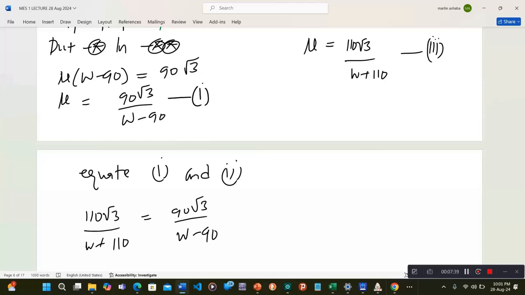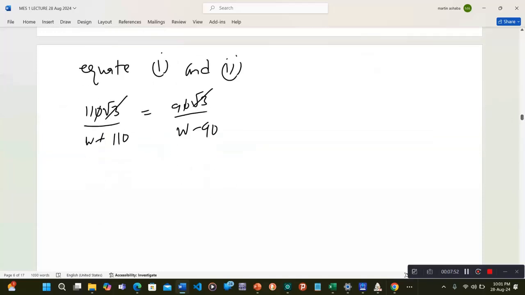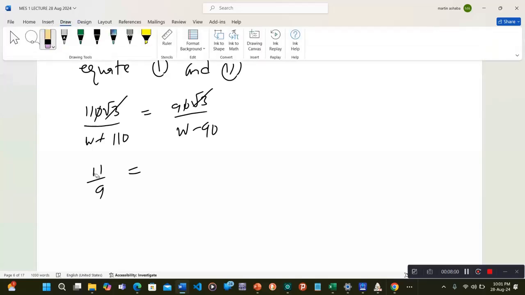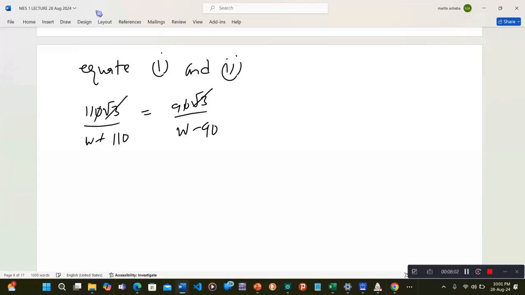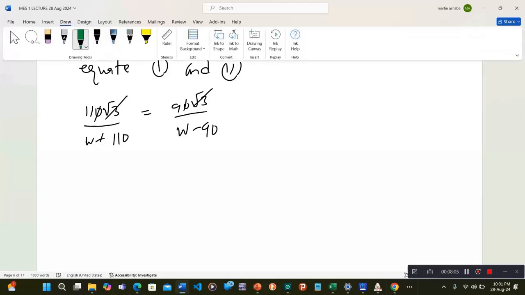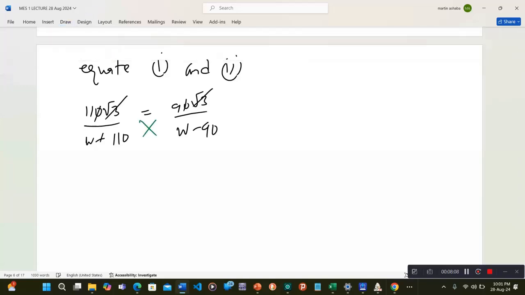So if I look at this, I can cancel this and that, and actually by 10 that one also goes away, and I will have 11 out of 9, or I just cross multiply to avoid complicating life. So cross multiply, so I have 11 into W minus 90, which is equal to 9 into W plus 110.